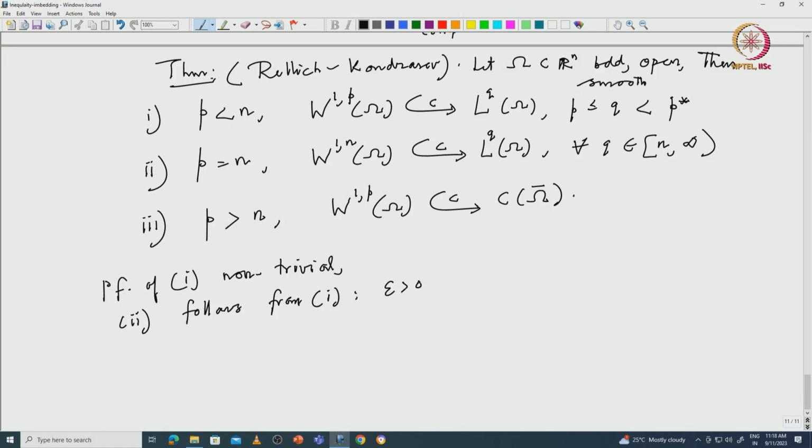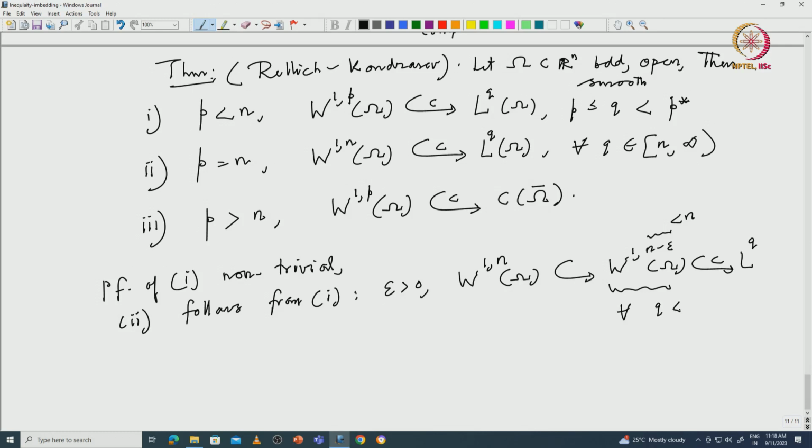You just choose some epsilon positive and small, and then W1n of omega is contained in W1 n minus epsilon of omega, that you know, and then n minus epsilon is strictly less than n, and you can apply part 1 to get this compactly contained in Lq for all q less than n minus epsilon star, and then as epsilon goes to 0, this goes to infinity, and you can get that one.